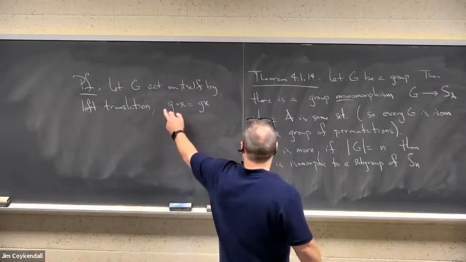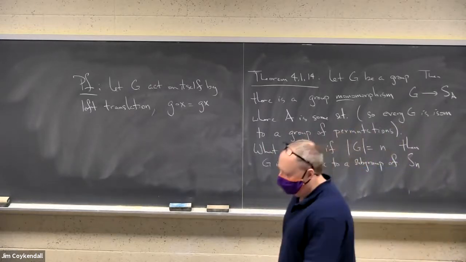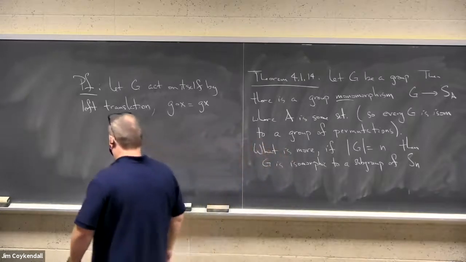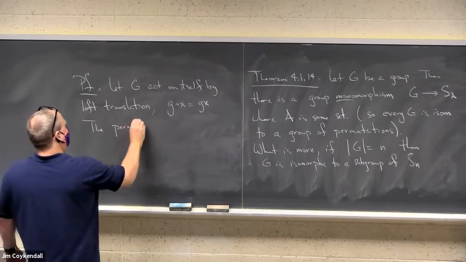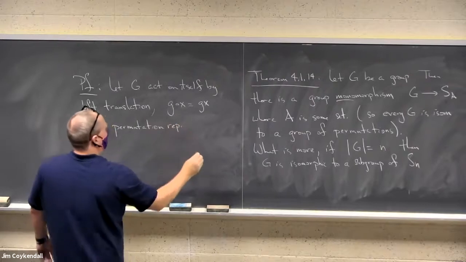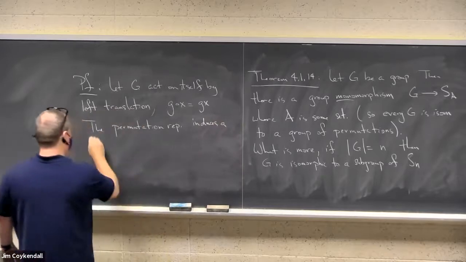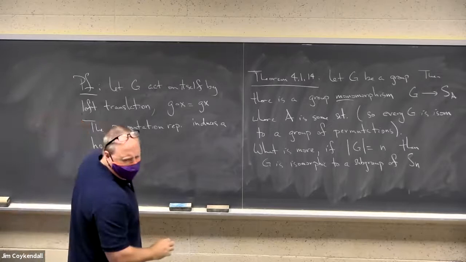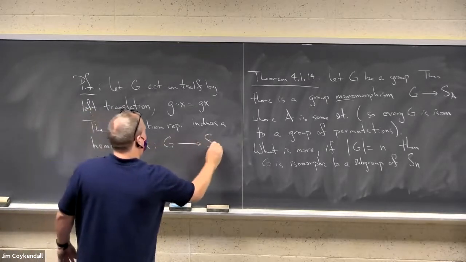Notice this is an action again, e times x is x, and it's associative because of the associativity of G. This induces a homomorphism, the permutation representation, which we call pi, from G into S.